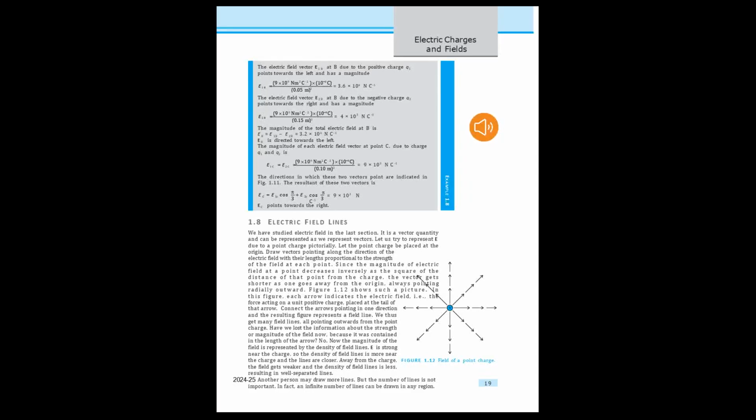E is strong near the charge, so the density of field lines is more near the charge and the lines are closer. Away from the charge, the field gets weaker and the density of field lines is less, resulting in well-separated lines. Another person may draw more lines, but the number of lines is not important.